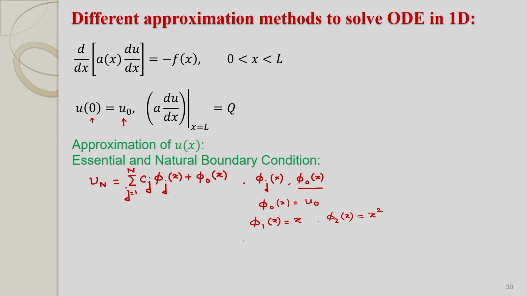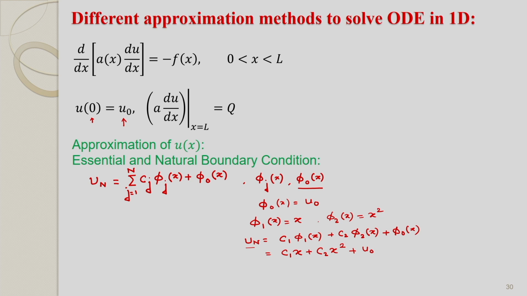Then our u n is nothing but c1 phi 1 x plus c2 phi 2 x plus phi naught x, that is c1 x plus c2 x square plus u naught. You can see if we put x equal to 0 in this expression, then u n is u naught, that is u n satisfies our essential boundary condition.